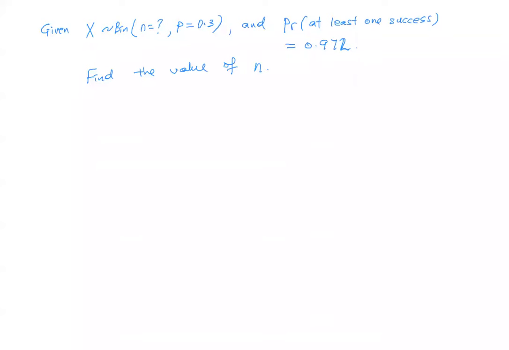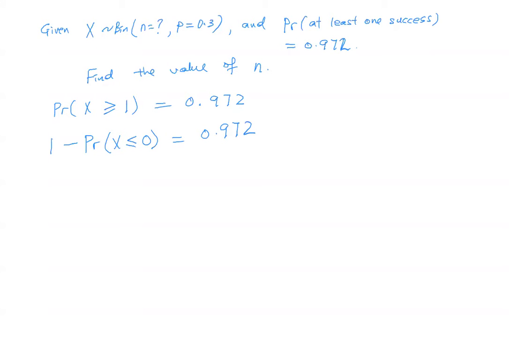So in this case, based on here, the probability of X greater than or equal to 1 is equal to 0.972. So 1 minus the probability of X less than or equal to 0 is equal to 0.972, correct?